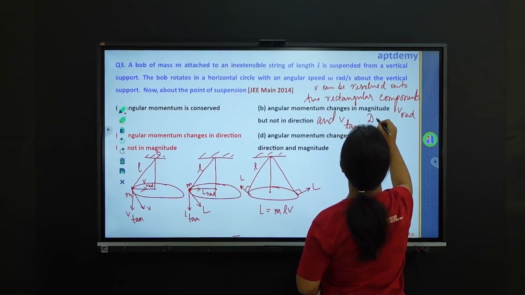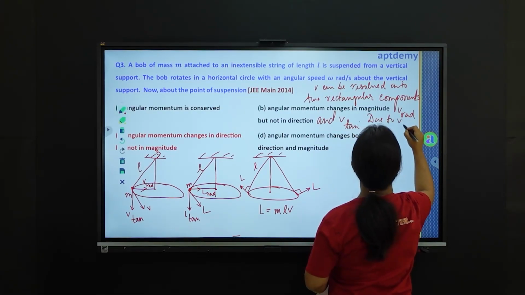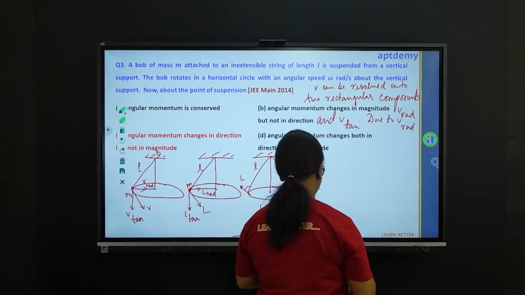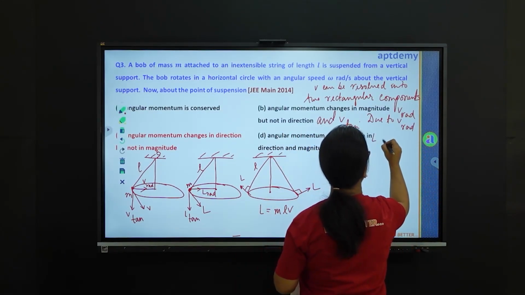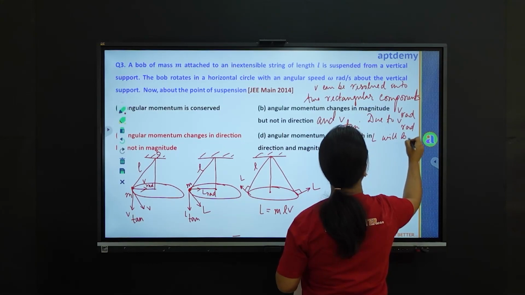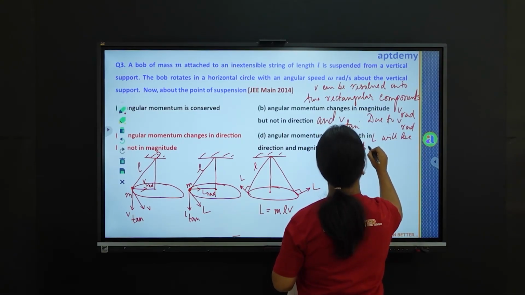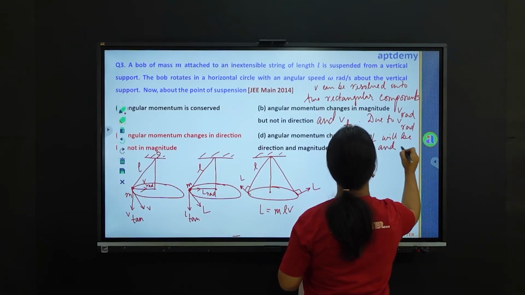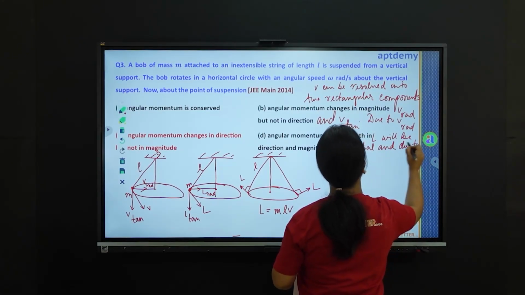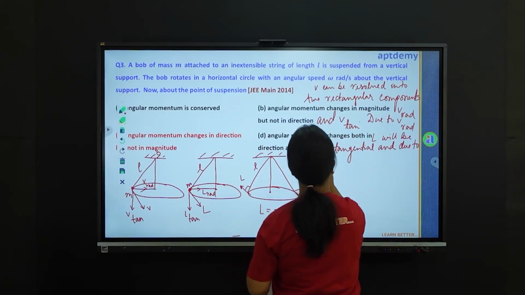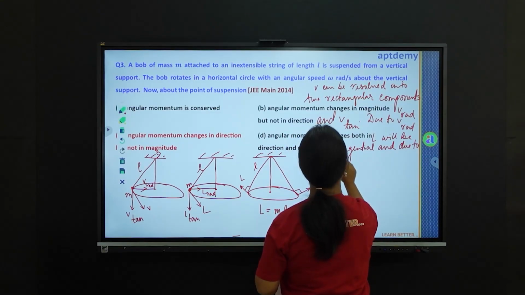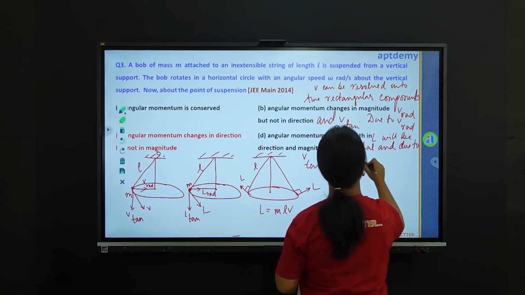Now due to V radial, L will be tangential, and due to V tangential, L is radial.